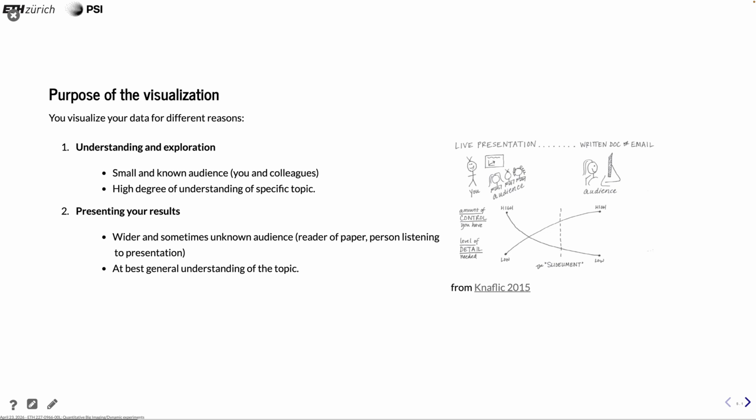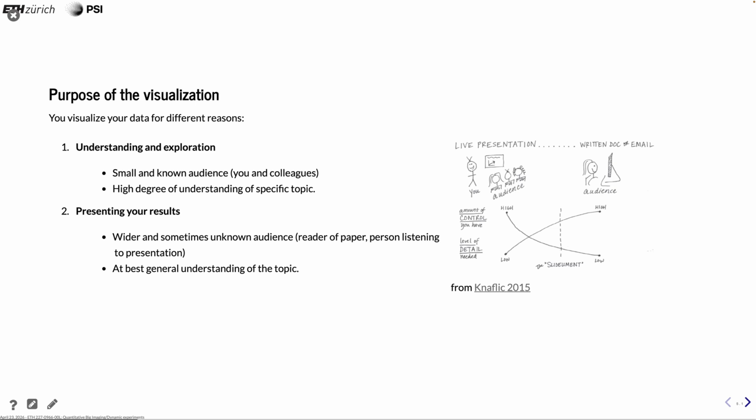So you have to decide on the purpose of your visualization, and there are two main kinds of visualizations. One is understanding and exploration. For that, you have a very small and known audience, you and your colleagues, and the whole you and your audience have a pretty high degree of understanding of the specific topics that you are looking into.